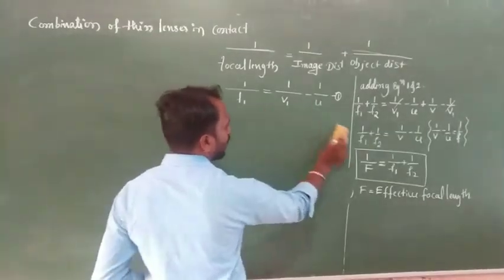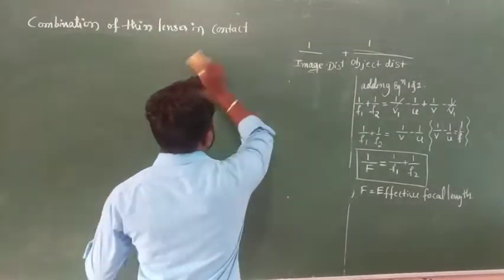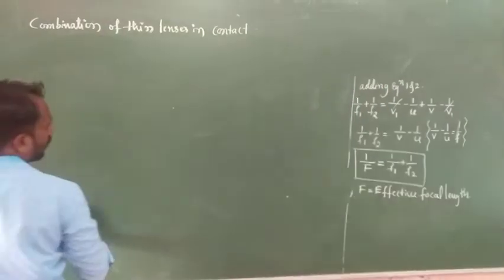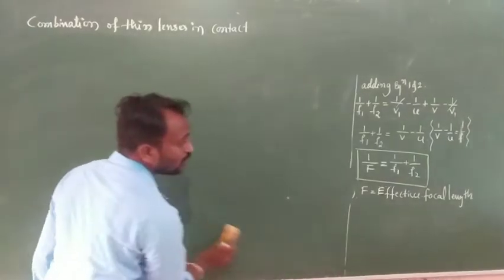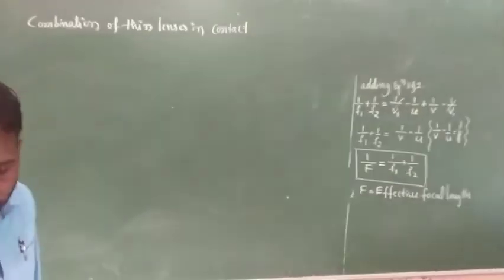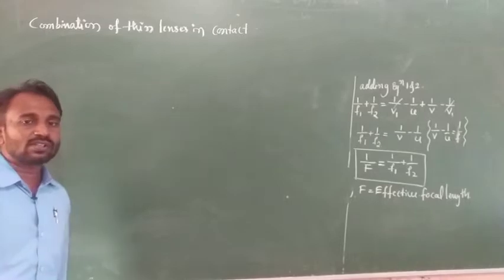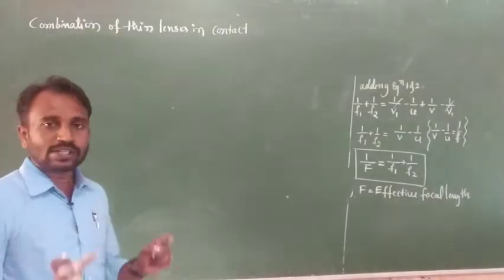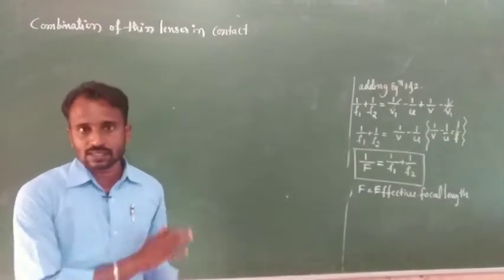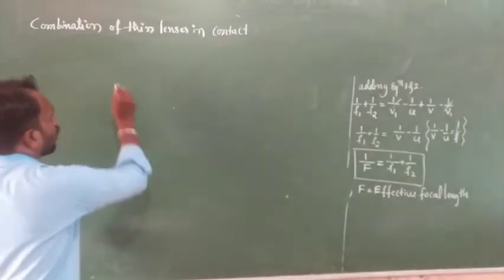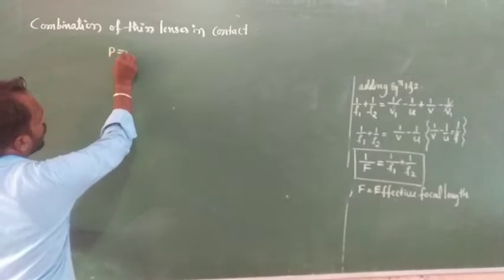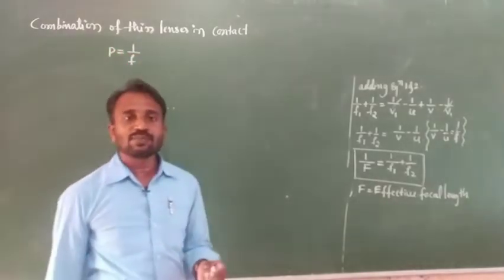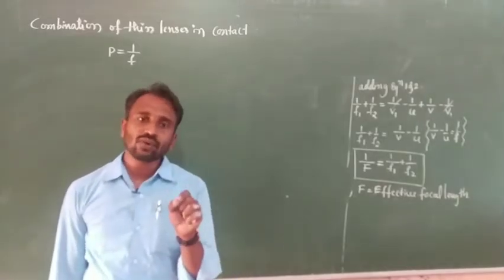Otherwise, power of a lens is the ability to converge or diverge the rays of light. The formula for power of a lens: P is equal to 1 by f, the reciprocal of the focal length.